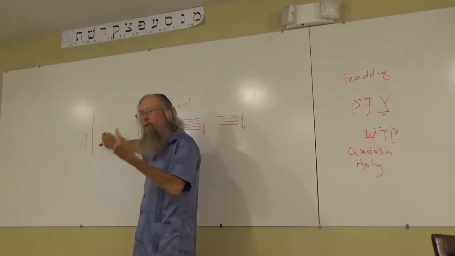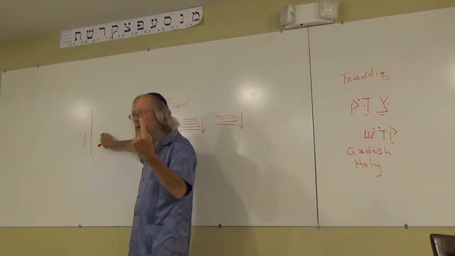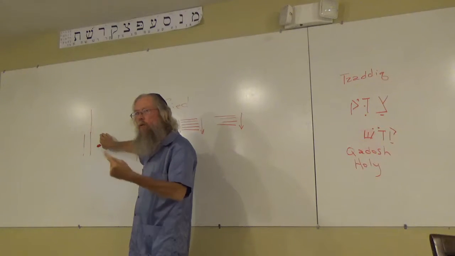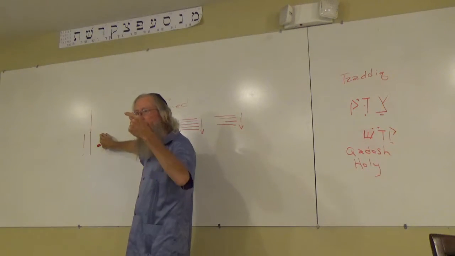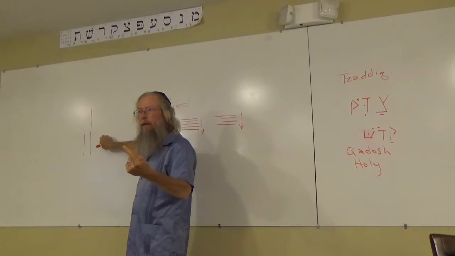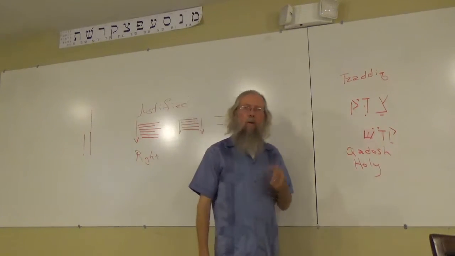I have come to do the will, what? Of the one who sent me. I did not come to do my own will. I came to do the will of the one who sent me. I do not speak my own words. I speak the words that the Father sent me to speak. He's always in line.